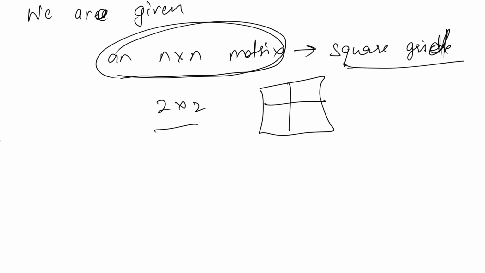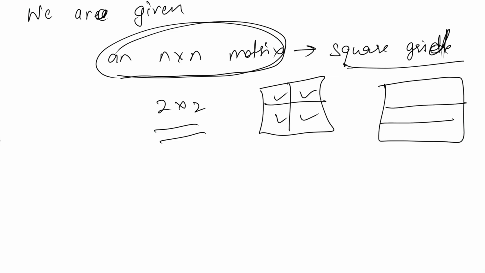So 2 cross 2 means there will be 4 cells, correct? And similarly, if this is 3 cross 3, it means it will have 9 cells. Now think about what things it will contain.